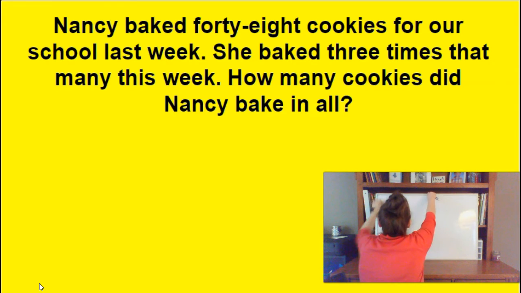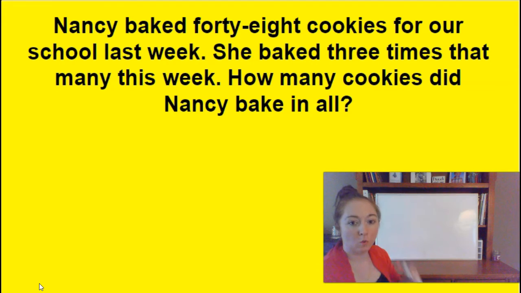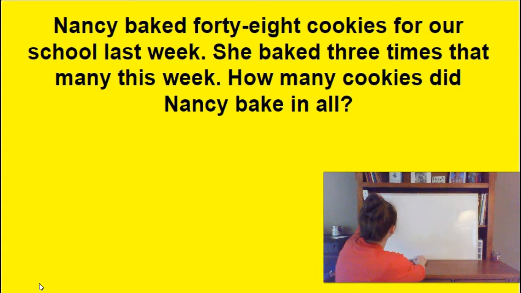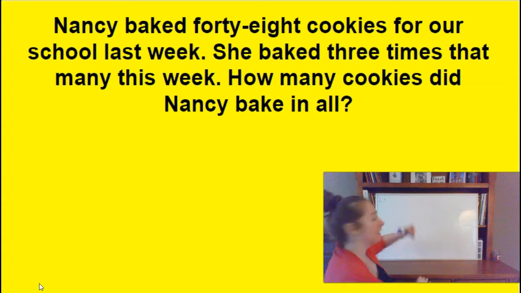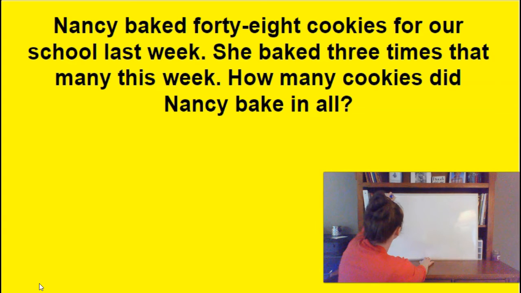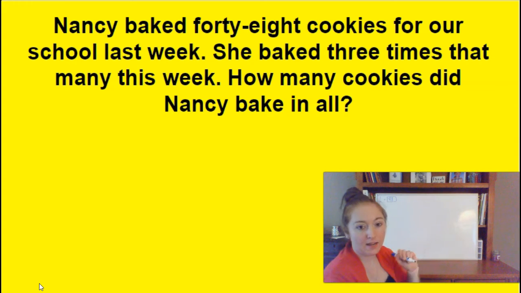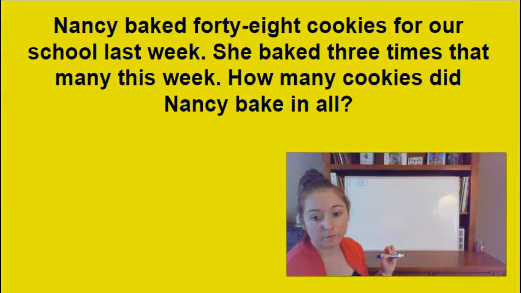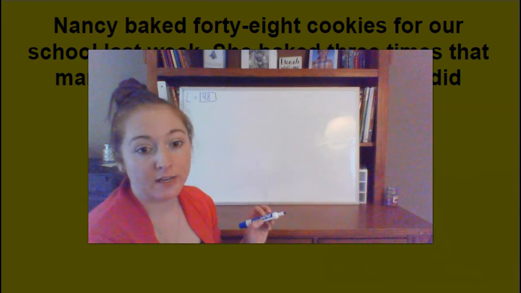Fantastic. Okay, so we know that last week, so I'm going to put L, she baked how many? She baked 48. I'm going to do one box, and that'll be 48 cookies. Okay, now we're looking at this week. It says she did 3 times as many. So how many boxes am I going to do? How many boxes for 3 times as many?